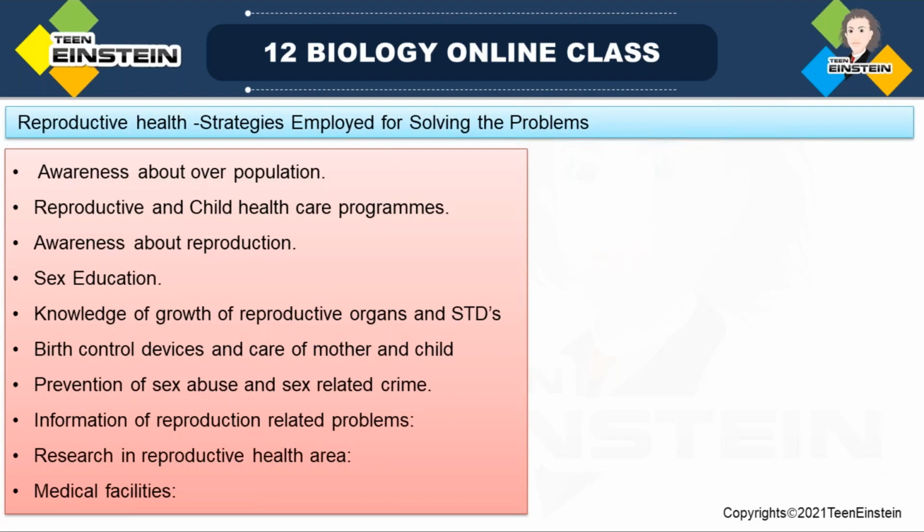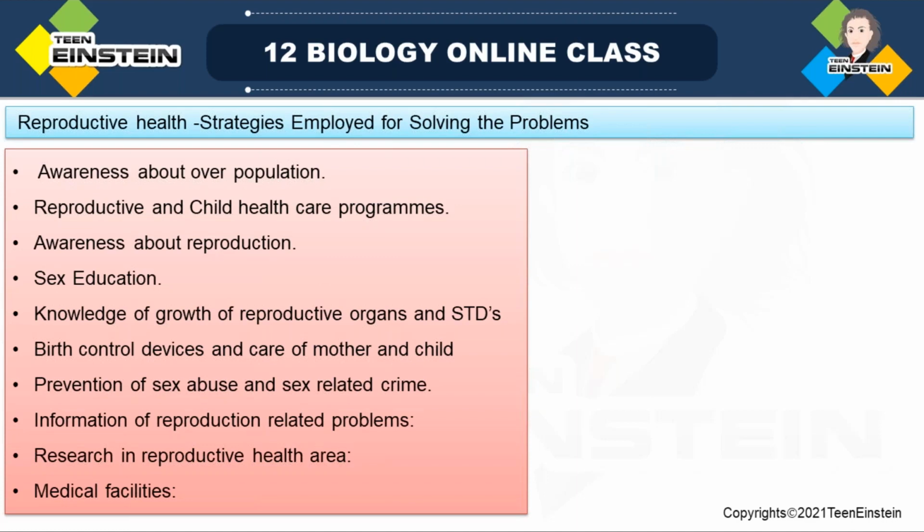We should give proper awareness about their body organs, the reproductive organs, and the issues or problems they are going to face. Otherwise, they may get so much wrong information which may misguide them, right?